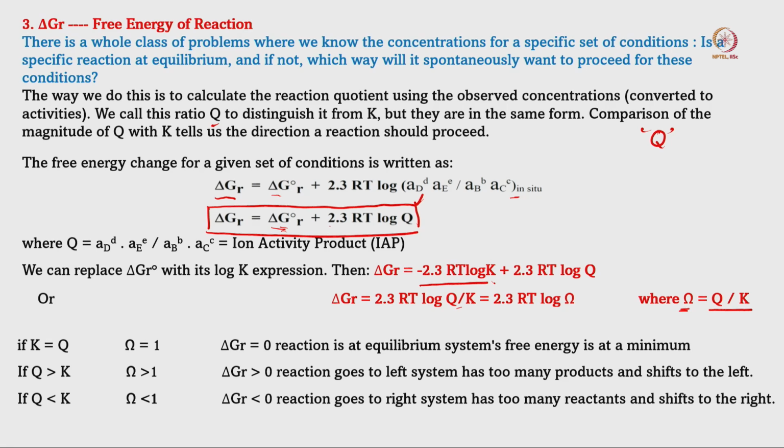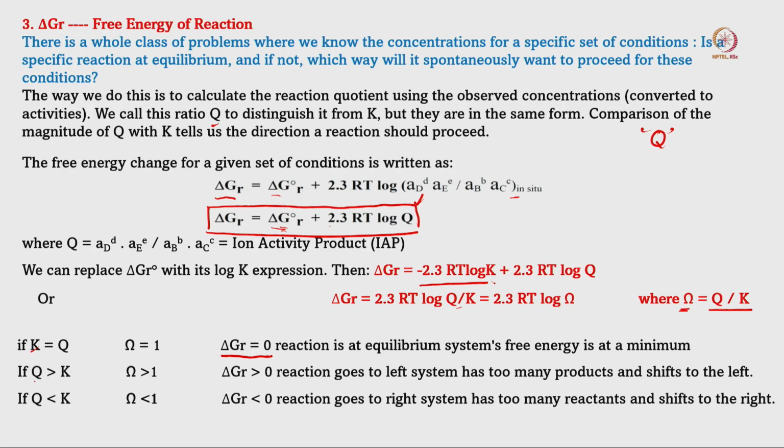This reaction is at equilibrium and this free energy state is at its minimum, because it is the equilibrium state. Every time we are trying to move towards the equilibrium state. So, my delta Gr is equal to 0 at equilibrium.